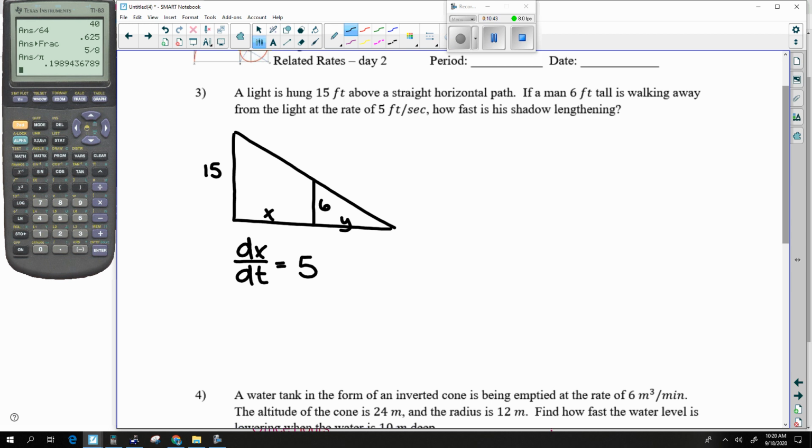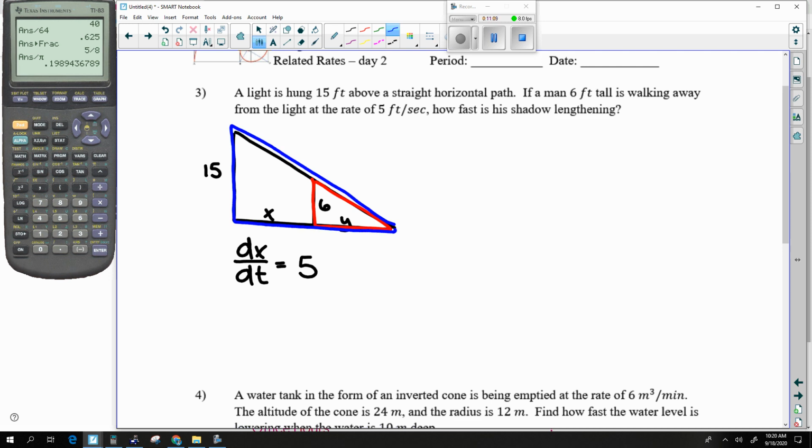Okay, how fast is the shadow lengthening? And so the shadow is very specifically y, not x and y, but just y itself. Okay, that is the shadow. All right, so we have two similar triangles. The similar triangles are this little triangle and this big triangle.